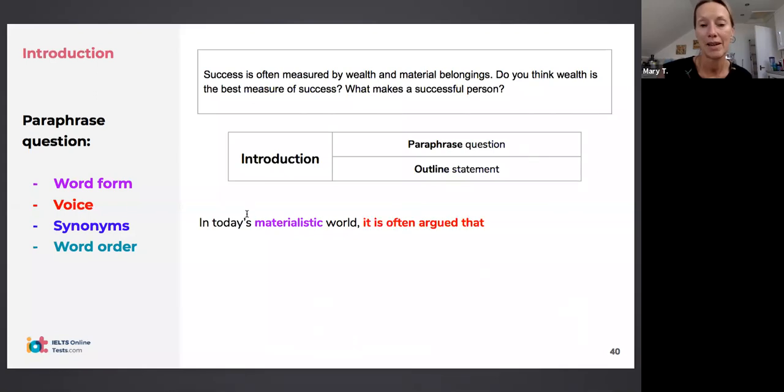Okay, and then we've got a passive phrase here. It is often argued that. Okay, so this is a really nice phrase that you can use in this type of essay. What's the purpose of using a passive phrase like this? What does it do to your essay? Well, yeah, you should get a high mark, definitely.